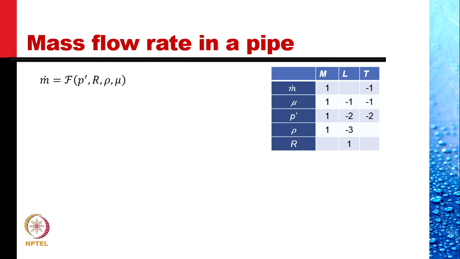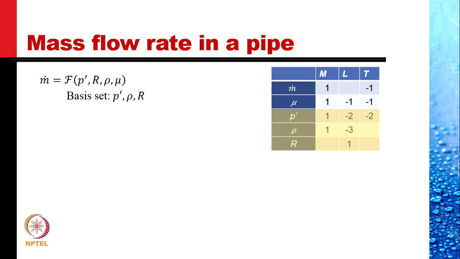If we express the dimensions of these five quantities, 1 dependent and 4 independent, in the MLT system, this is the matrix that we get. We have used mass as the same both for the inertia and for the flow rate.